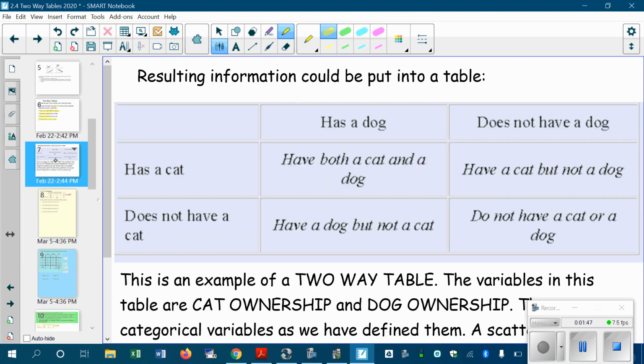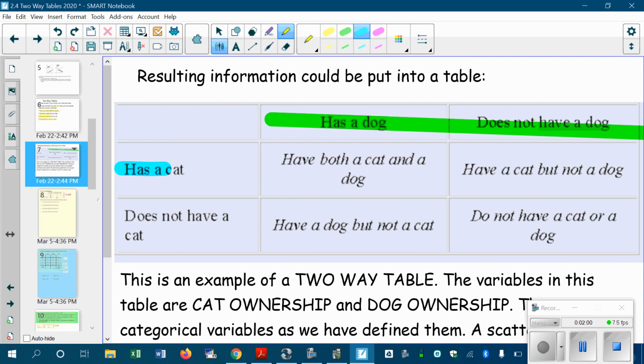Now, with that in mind, you could make a chart, and this kind of chart is called a two-way table. There are 2 variables, the variable of dog ownership, so you either have a dog or you don't have a dog, and the variable of cat ownership, either you have a cat or you don't have a cat, and then the 4 options that we were just discussing moments ago are in this center part.